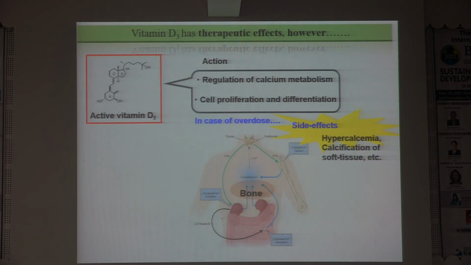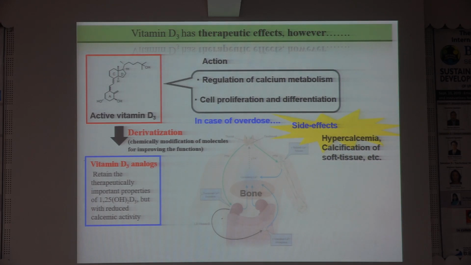So over here we can see that vitamin D regulates broad physiological processes in our body, but vitamin D has clinical limitations because of its side effects such as hypercalcemia or calcinosis, calcification of the soft tissues.